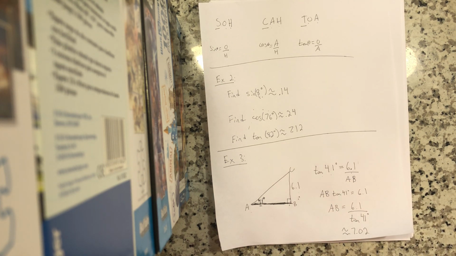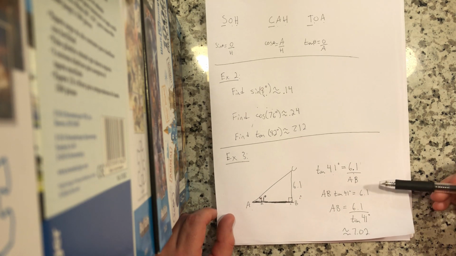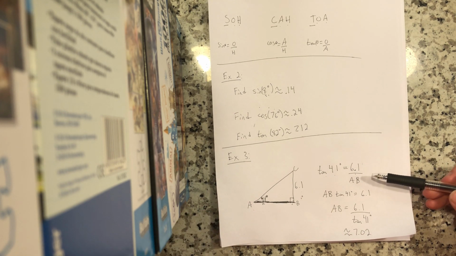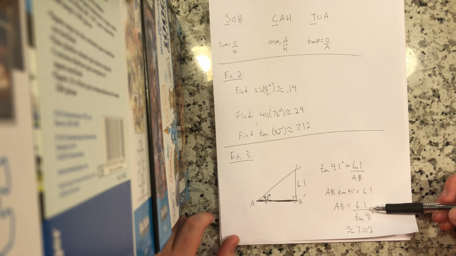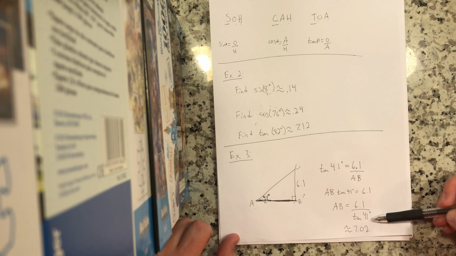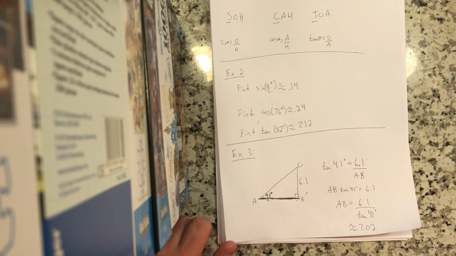Now again, typing into your calculator, depending on the calculator you have, if you have the fancier one, you can type this straight in: 6.1 divided by tangent 41 equals, and then it should give you the answer. The other calculator is a little trickier for this one.